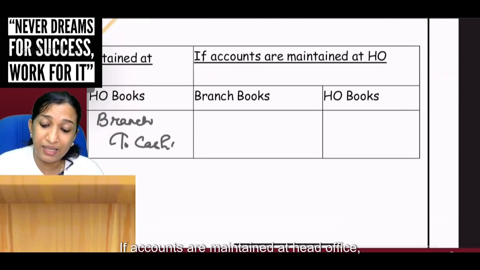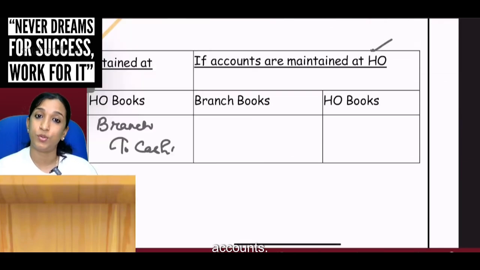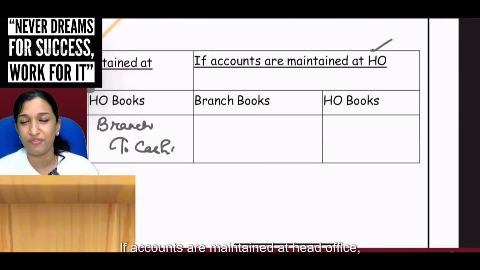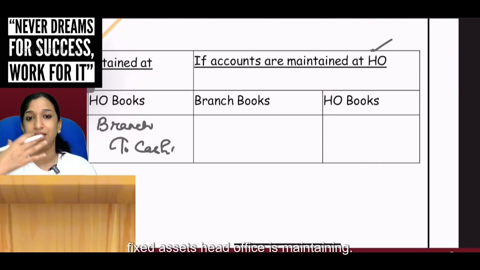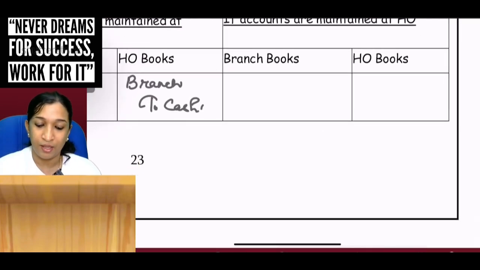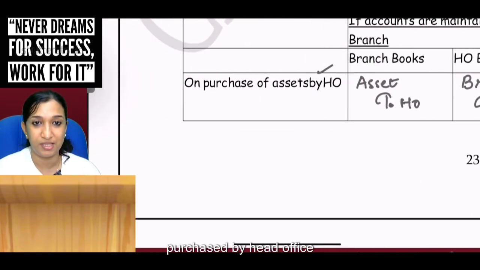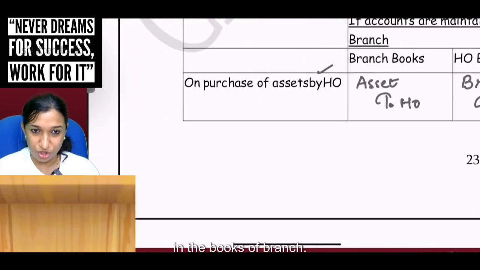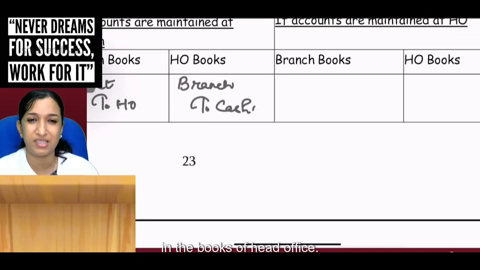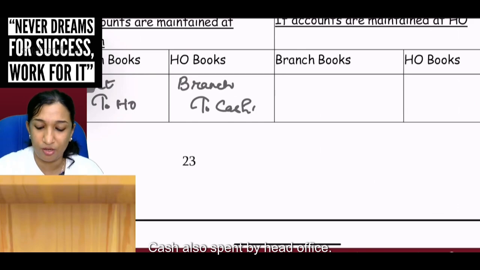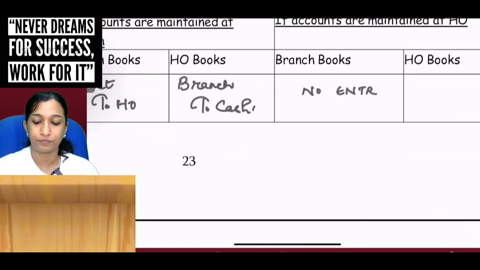If accounts are maintained at head office, which means you maintain all the other accounts, but fixed assets, head office is maintaining. Then asset purchased by head office. In the books of branch, the accountant sees the asset account is in the books of head office. Cash also spent by head office. So no entry.